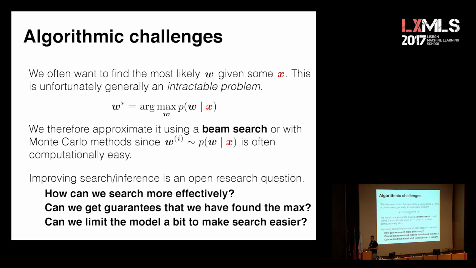And this is actually not a tractable problem. So we can approximate it in a couple of different ways with a beam search, and I'll come back to what a beam search looks like later, or we can draw samples from this by just running that random sampling algorithm we talked about earlier. And so improving this question of how we do search is an open research question.